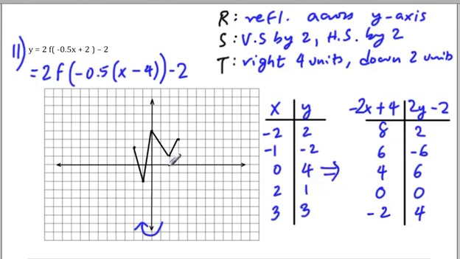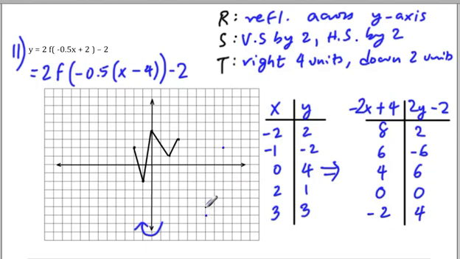So we have 8, 2, so 2, 4, 6, 8, and 1, 2. So we have that point over there. 6, negative 6, so 2, 4, 6, 1, 2, 6. Let me just get that right. 3, 4, 5, 6.